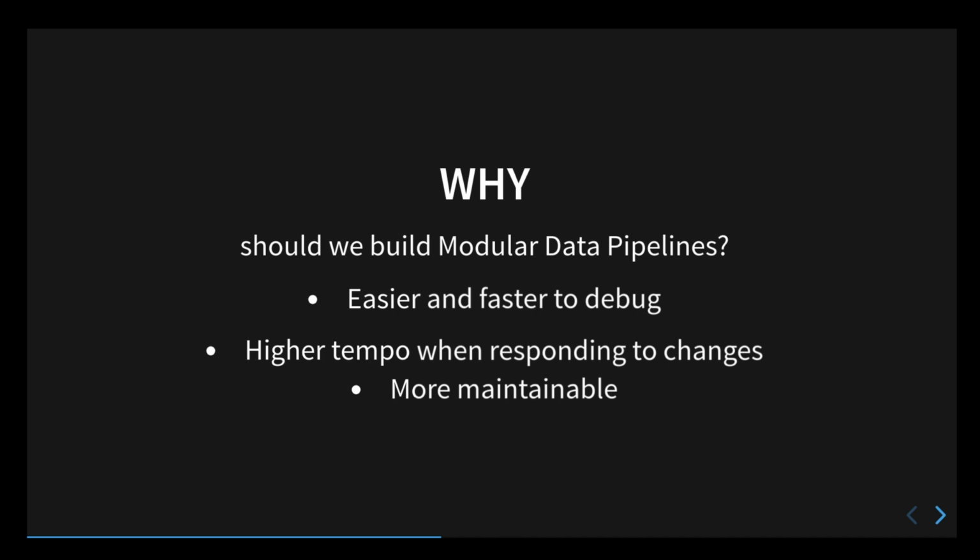The probability that someone will send you dirty data is very high. You don't want to have to dig around in hundreds of lines of Python code in one module, for example, to figure out what you need to change to respond to an external change that's been imposed on you, right? So data pipelines are modular. Those modules can be simpler, and it's easier to figure out what's going on.